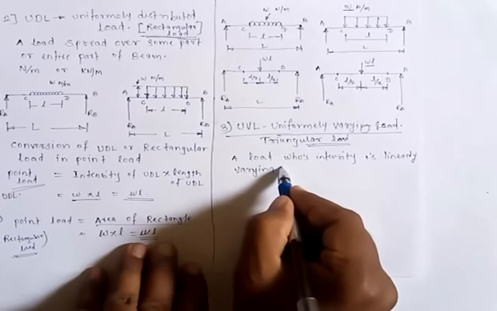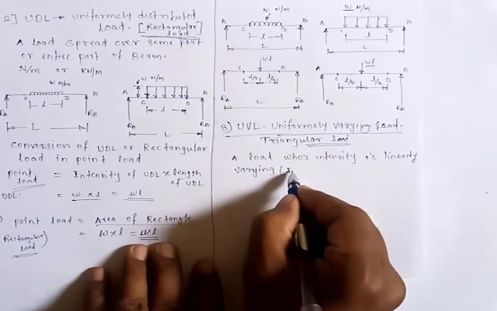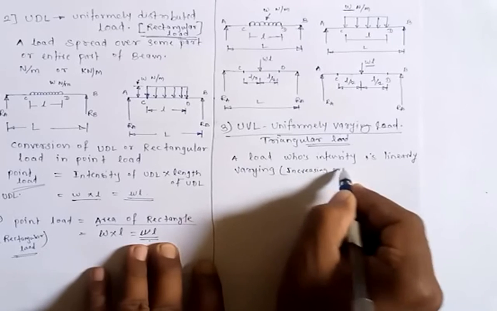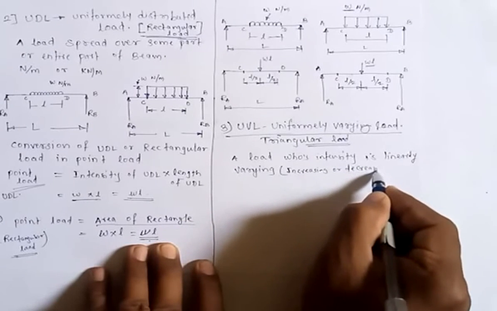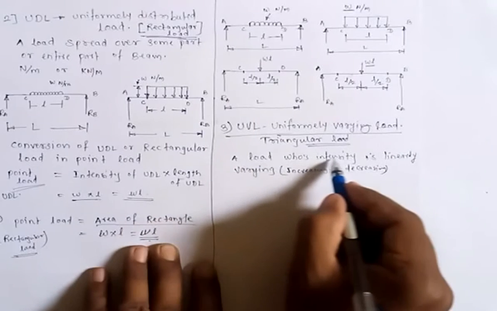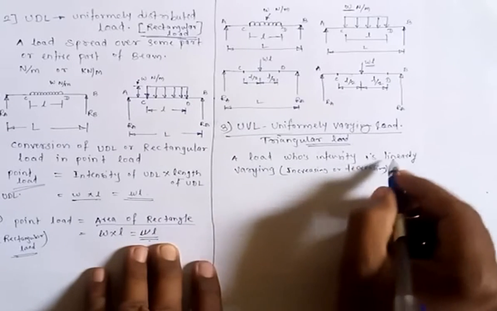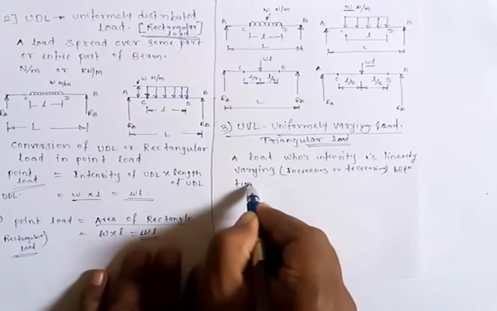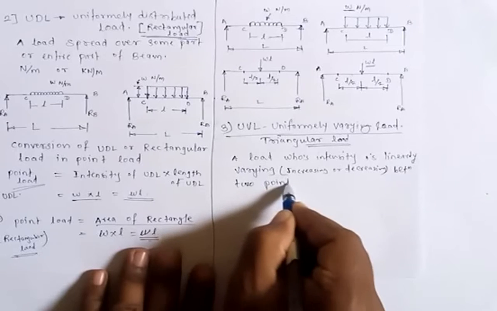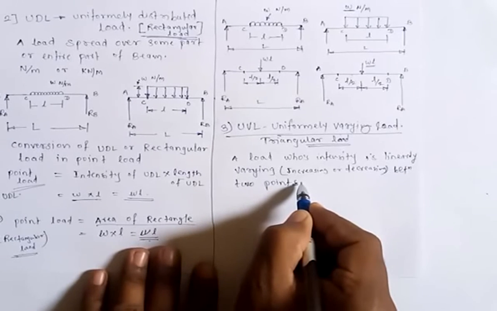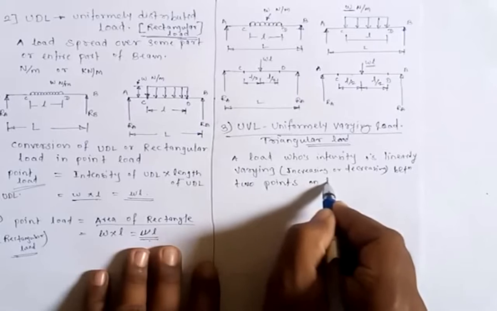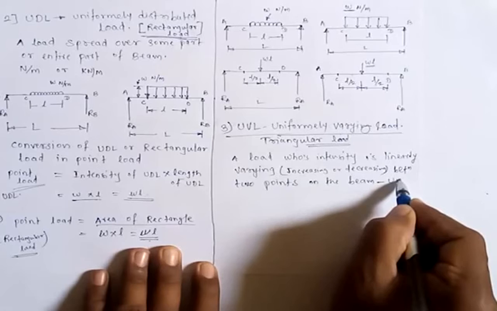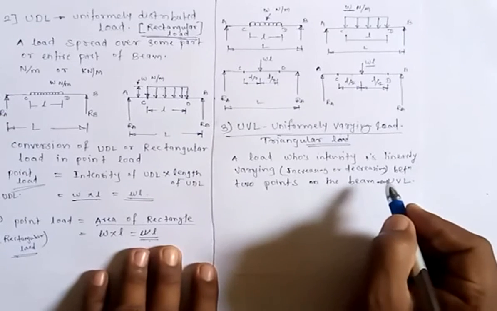Varying means it may be increasing or decreasing. So a load whose intensity is linearly varying between 2 points on the beam is called UVL.